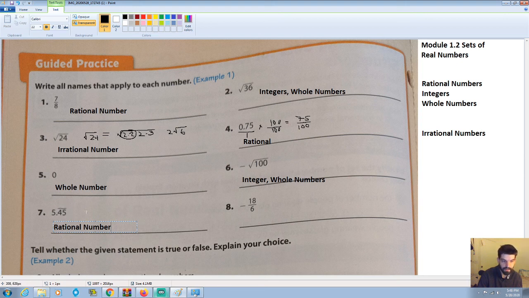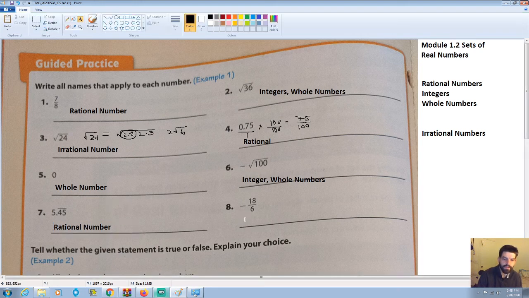So x is 0.45 repeating, and 100x is 45.45 repeating. We would subtract x from both sides, as we did in the last section, which gives us 99x equal to 45. So it would be 5 and 45 99ths. So this would be a rational number.